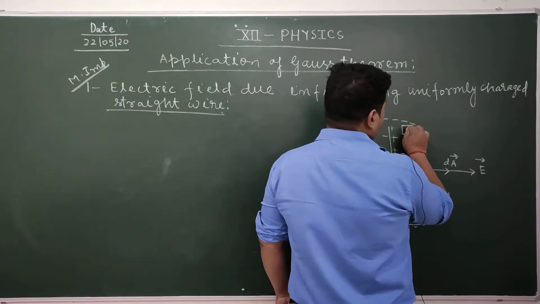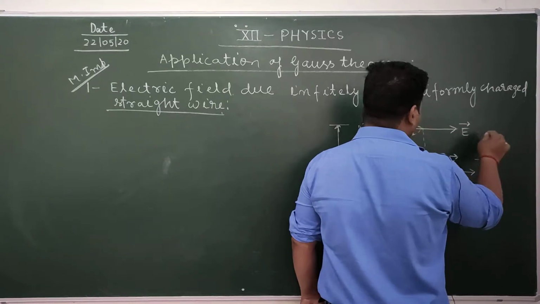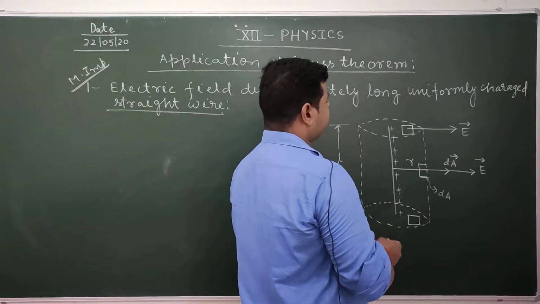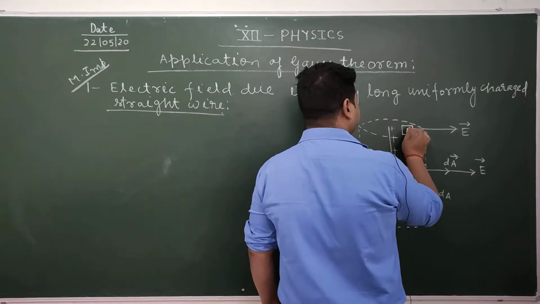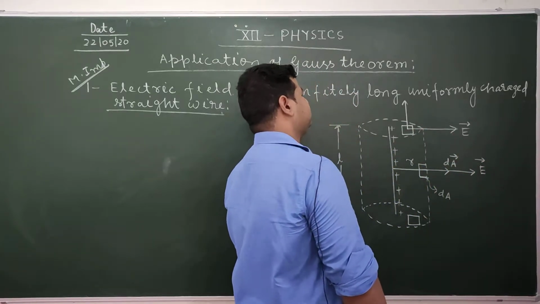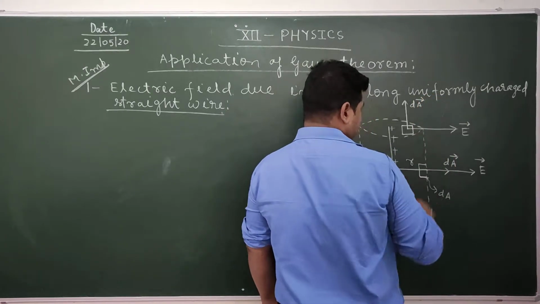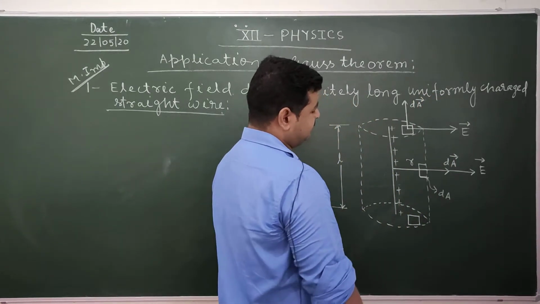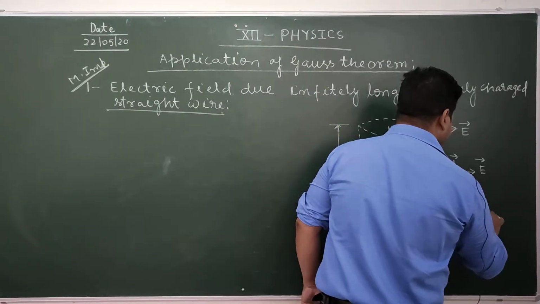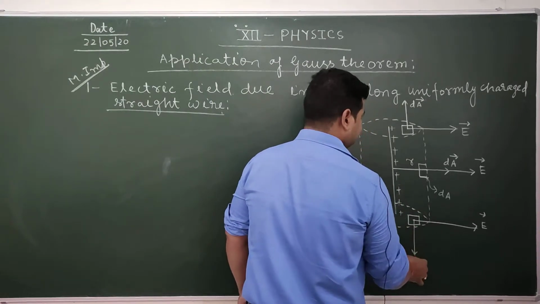The direction of electric field is radially outward and the direction of surface element is outward. The area vector on the top and bottom is drawn at 90 degrees from the direction of electric field. Again on the bottom of the cylinder we draw the direction of electric field as well as the direction of area vector.